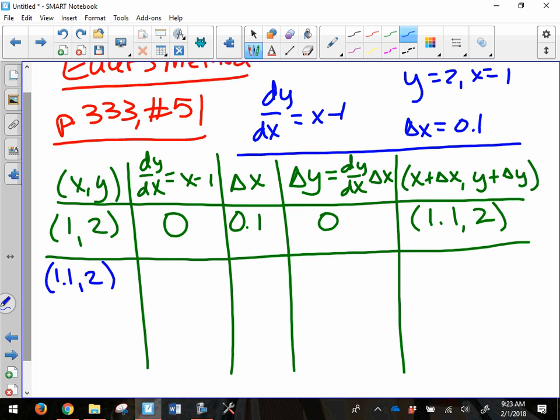So what's dy dx going to be? Not 1.1, 0.1. What's my delta x? Always 0.1. What's my delta y? Right, because I'm multiplying these two together. And now what's my new point?